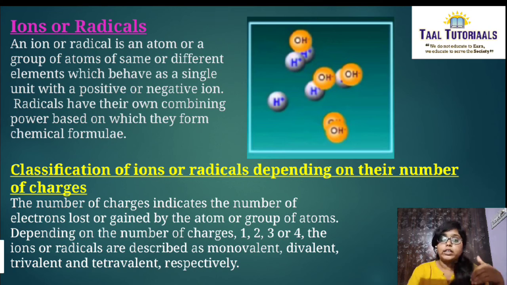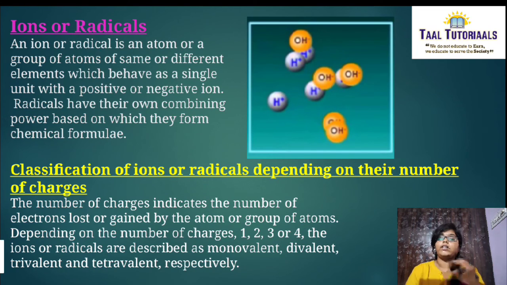Now, the classification of ions or radicals depending on their number of charges. Depending upon the number of charges, we have monovalent, divalent, trivalent and tetravalent respectively. The number of charges indicates the number of electrons lost or gained. If it is losing or gaining 1, we call it monovalent.